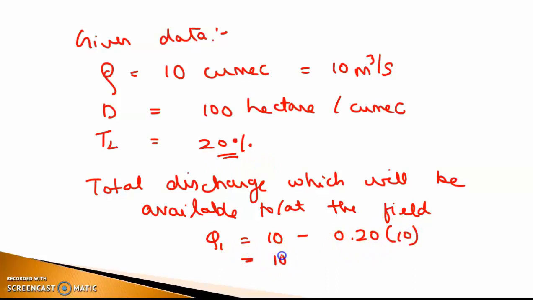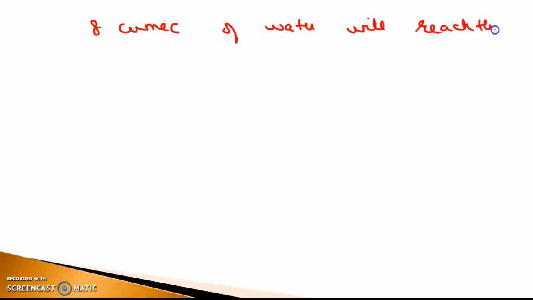So I'll get this as 10 minus 2, which is 8 cumec. So finally 8 cumec of water will reach the field after considering the transit losses.